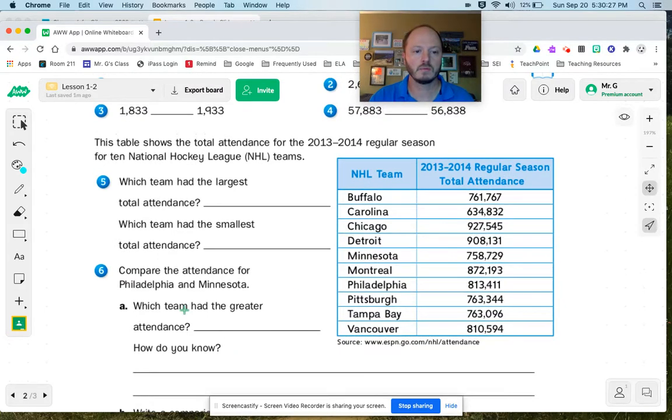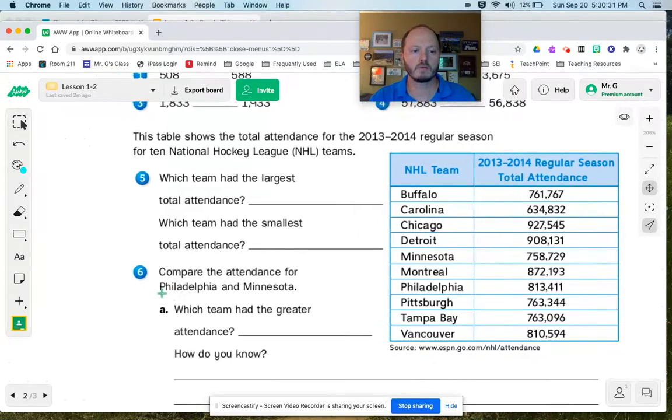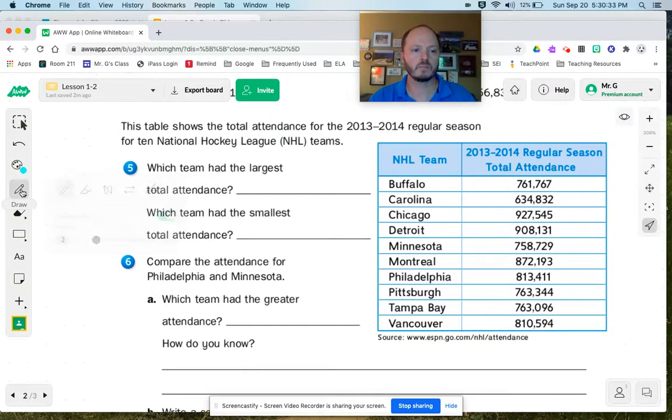And then we're going to start comparing different teams. Like we have Philadelphia, and we have Minnesota, and we want to compare those two teams. Notice how I underlined those words. Sometimes we can underline, sometimes we're going to circle, sometimes we're going to box in words.